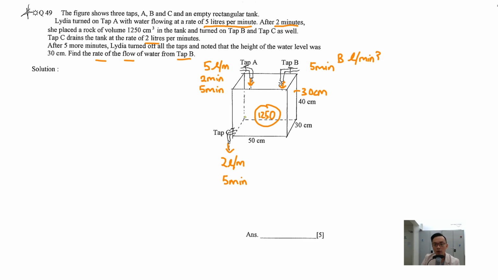Okay, so how are we going to do this question? First of all, I want to find out what is the volume. I know it's 30 cm here, right? So that's the easiest one. So I'm going to find the volume at the end. So that's equals to, again, my favorite triangle: volume, base area, and height.